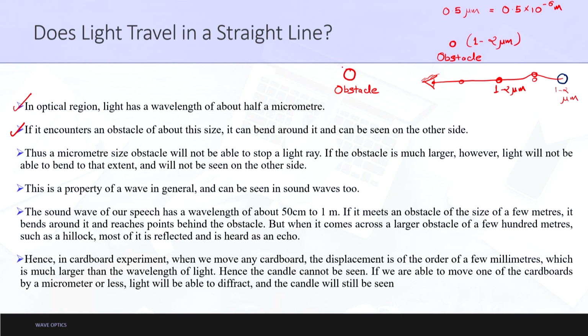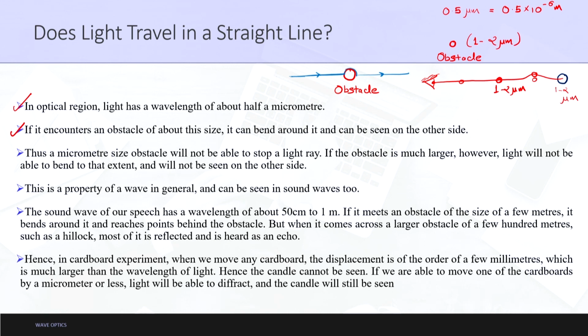Let this be the obstacle, and let this be the light coming. When it approaches the obstacle, it bends like this and then goes on again. This is known as bending upon hitting the obstacle. If the wavelength of the light is 0.5 micrometers and the obstacle is of similar dimensions, similar length, then only this bending can occur.